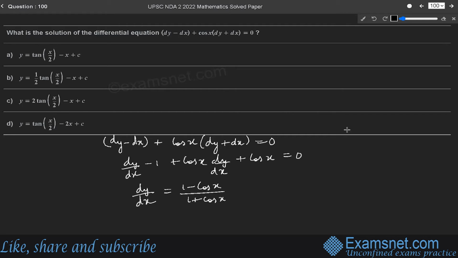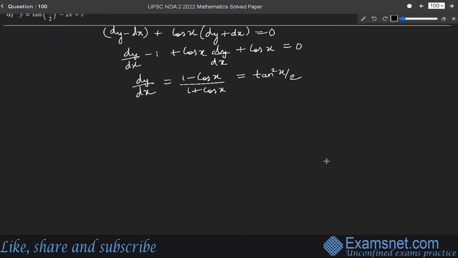We know that 1 minus cos x upon 1 plus cos x is tan square x by 2. It is a concept in trigonometry. So we can say that dy by dx is equal to tan square x by 2. We also know that tan square x by 2 can be written as sec square x by 2 minus 1 by the identities of trigonometry.